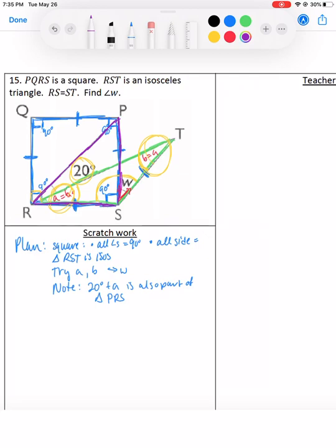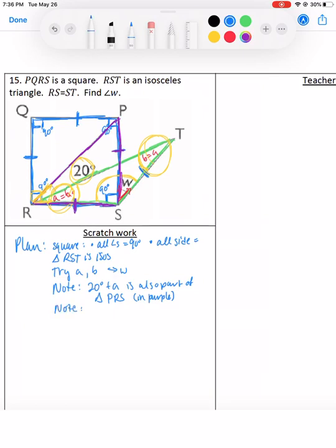If we can get to A, if we can get to this angle here, yellow here, then we can get A, because A plus 20 equals that angle. The purple triangle looks like it's also isosceles, because I'm noting these two marks right here.